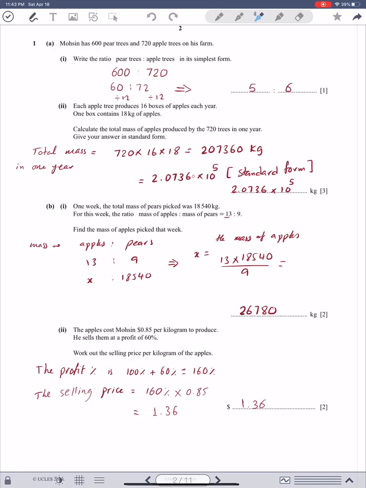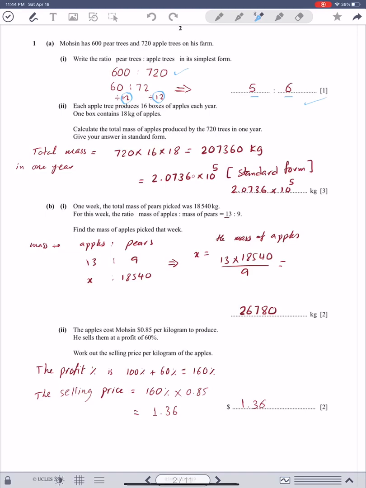This is a straightforward one, 600 to 720, simplify. Of course, you can do this in steps, dividing. Some of you don't need to know 12 directly. You divide by 2, you divide by 6. Whatever is faster or simpler to you, you do. But dividing by 12, 5 to 6 is the ratio in simplest form.